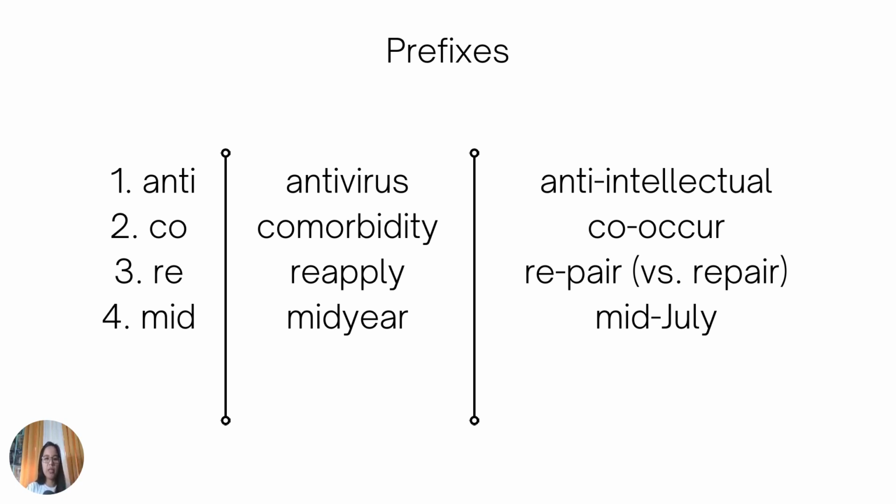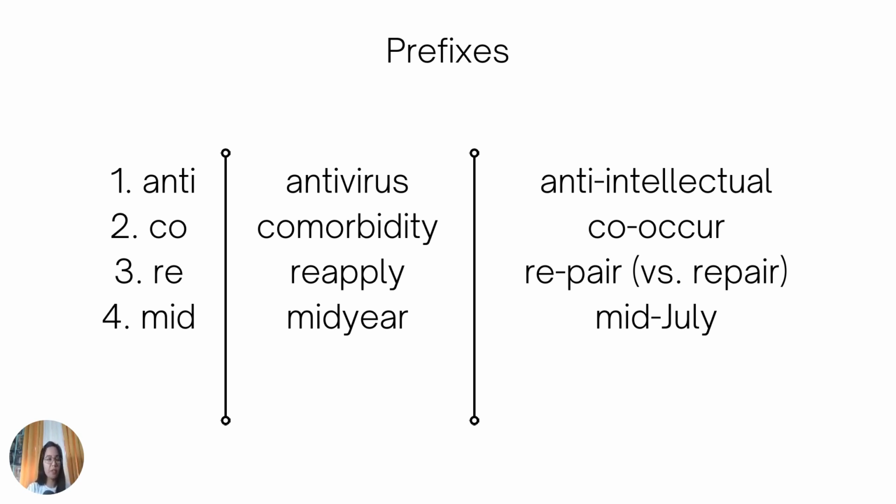With number 3, as in re-pair, we need to be careful because the meaning will be different if we put a hyphen or if we do not put a hyphen. Re-pair with a hyphen means to pair again. But if there's no hyphen, as in the second one, repair, it means to fix.